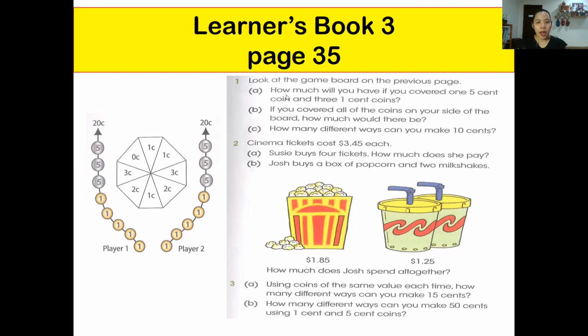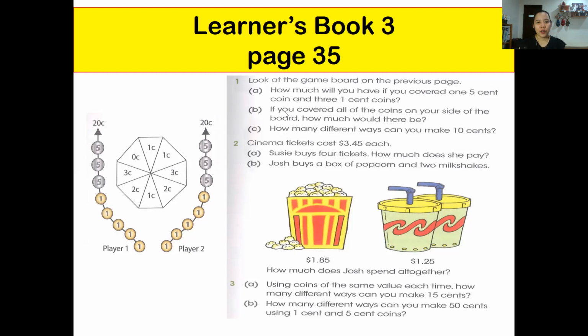Letter A, how much will you have if you covered one 5-cent coin and three 1-cent coins? So in this game board, you try to cover one 5-cent coin and then three 1-cent coins. How much do you have now? Write your answer in your book or in your paper or notebook.